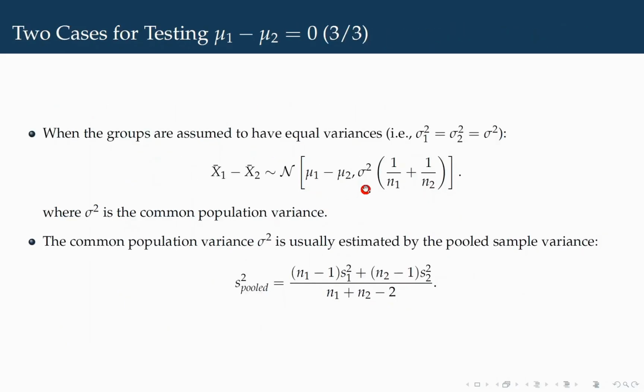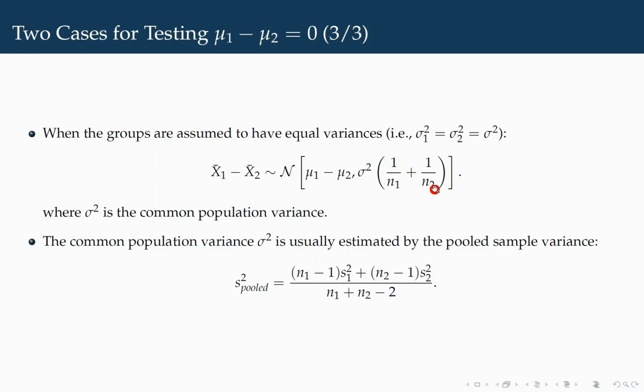Here the variance of x bar 1 minus x bar 2 is sigma square times 1 over n1 plus 1 over n2. But sigma square is usually estimated by the pooled variance. So instead of sigma square, we replace it by S pooled square.